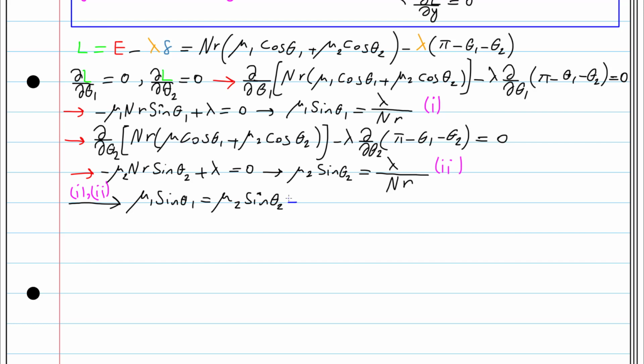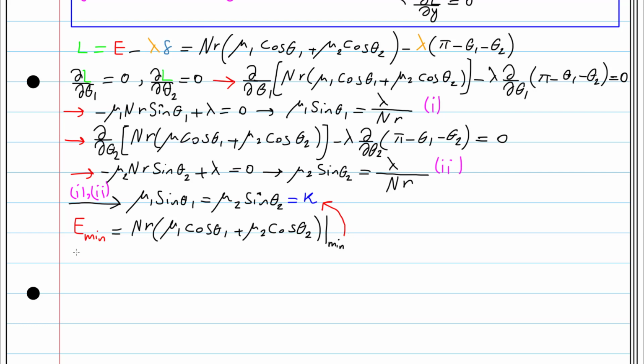And we name this constant kappa. We want to calculate the minimum amount of energy, which we name E min, which is equal to n r times mu1 cosine theta 1 plus mu2 cosine theta 2, given that the term in parentheses has its minimum linked to kappa up here.